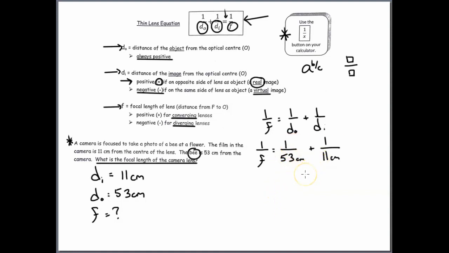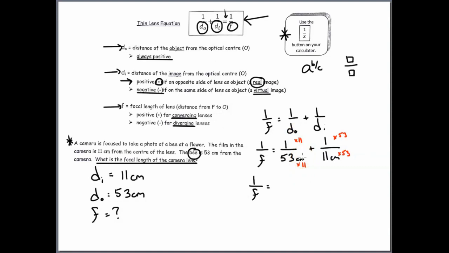Now, if you don't want to do that directly, well, we can look at the greatest common factor. And the greatest common factor would be the multiple of 53 times 11. So what we're going to do here is multiply this fraction, top and bottom, by 11, and this fraction, top and bottom, by 53. Multiplying top and bottom by the same number is just multiplying by 1.